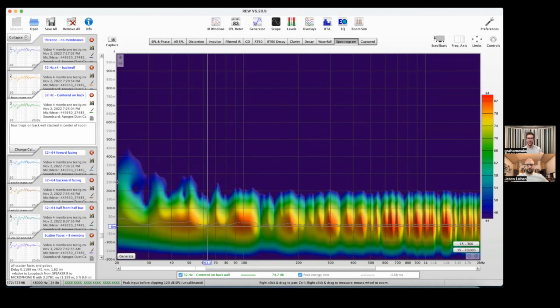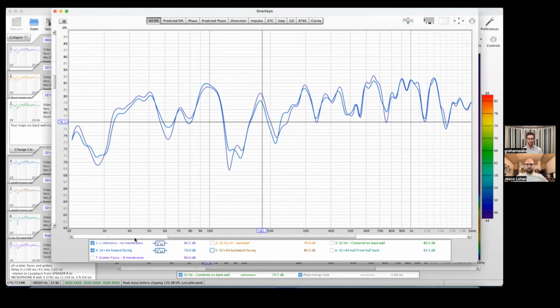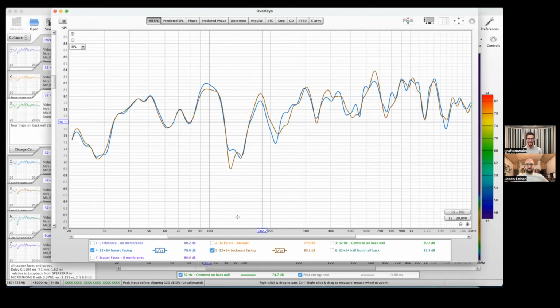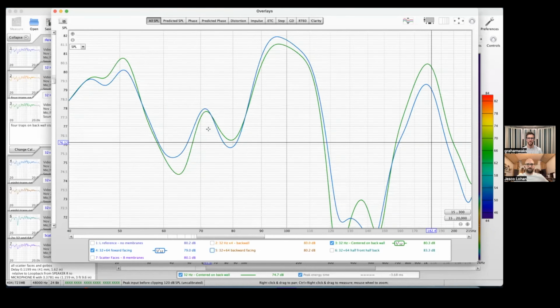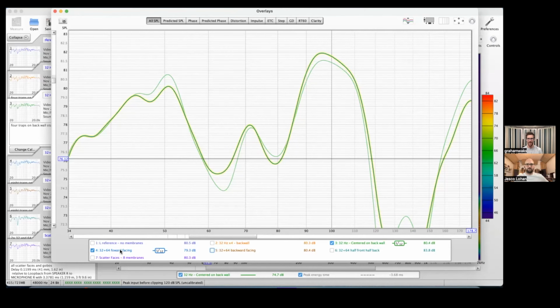But at the back wall, there's a bunch of pressure. So by absorbing some of that energy at the back wall, if I jump over to the frequency response here, you see when we add those 64 hertz membrane traps, we're getting more of that back at the listening position.